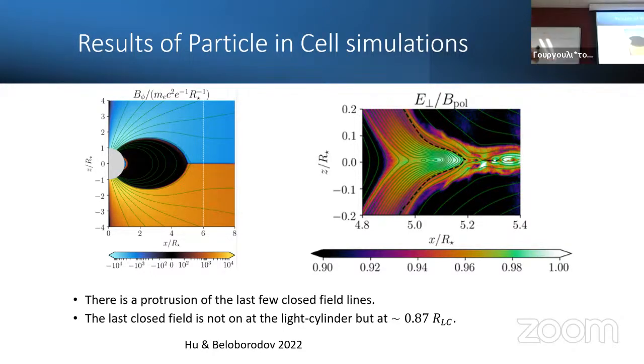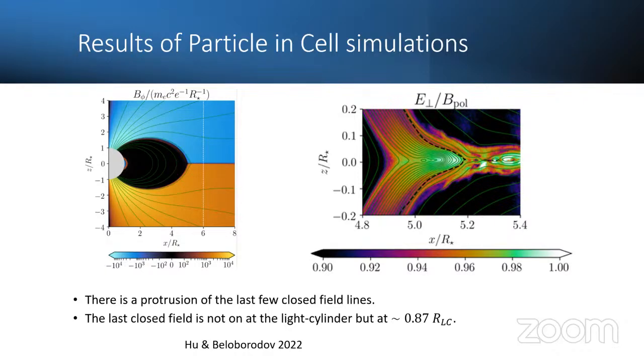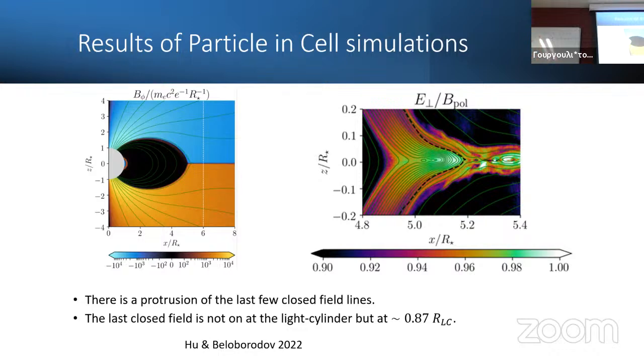So in the force-free electrodynamics and the MHD approach, the Y point, so the last closed field line, was exactly at the light cylinder. In the first problem that we solved, we actually choose where to put it. It was, let's say, a free parameter.